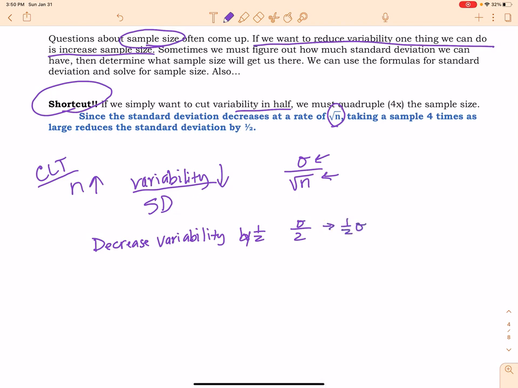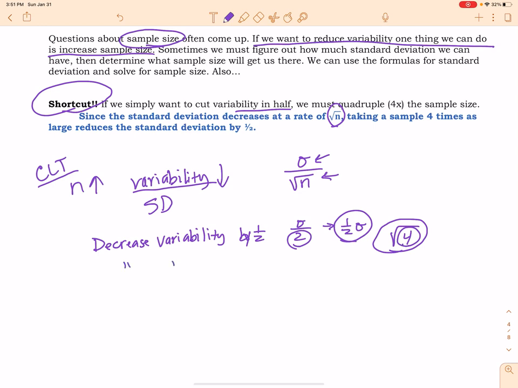Okay, so if that's the case, I need something in the denominator that is a result of 2. Well, how do I get a result of 2 from a square root? Well, I take the square root of 4. Are you with me? Okay, so that means that if I want to half my standard deviation, I've got to have a sample size 4 times the size it is, because 4's square root is 2. Isn't that beautiful?